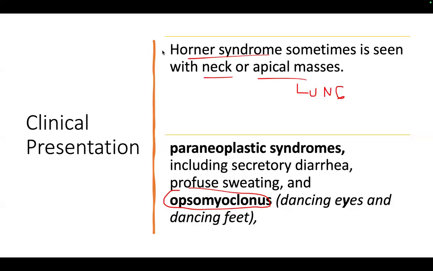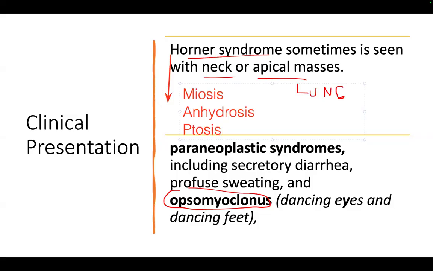Now, can anyone here tell me what are the 3 components of Horner syndrome? What is the triad of Horner syndrome? Okay, miosis is correct. What else? We have anhidrosis, then we have ptosis.